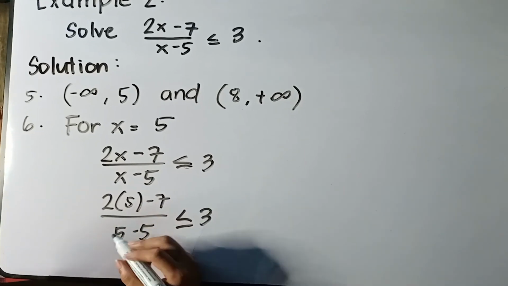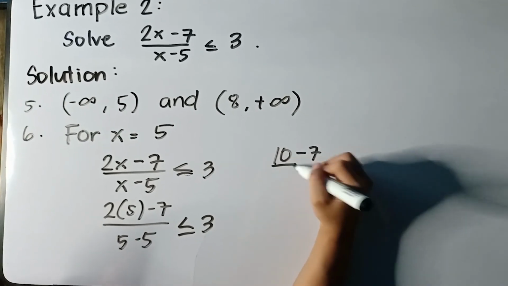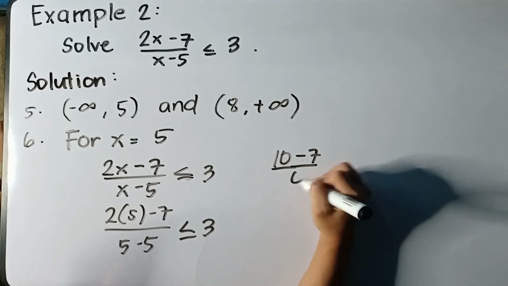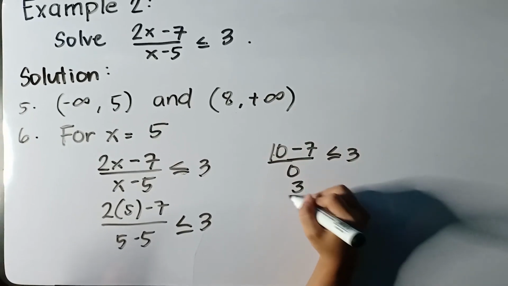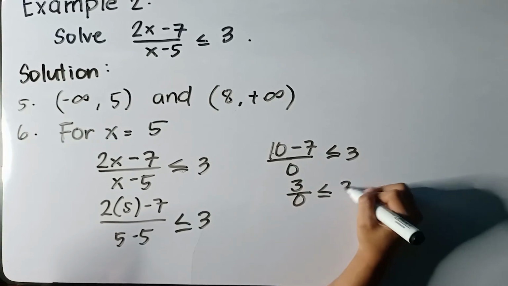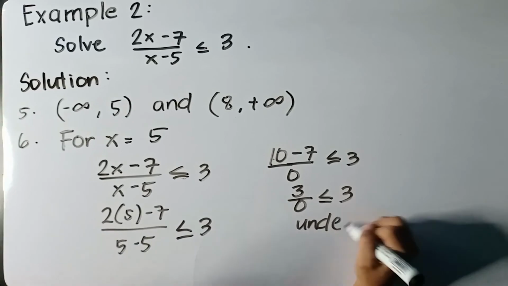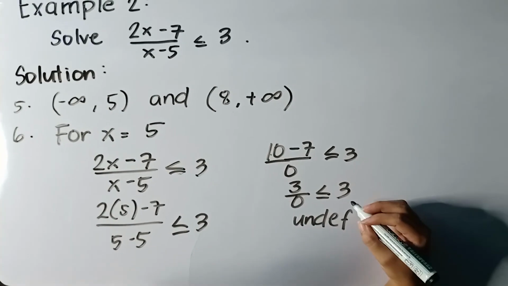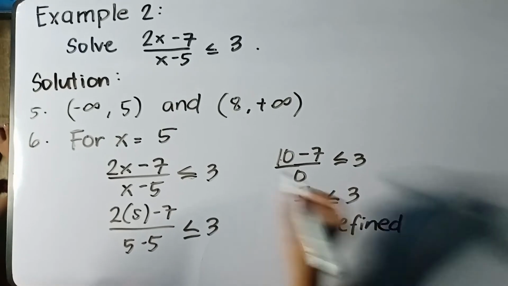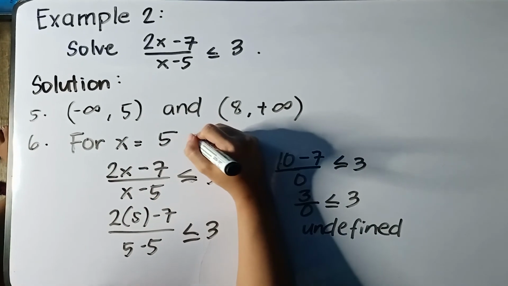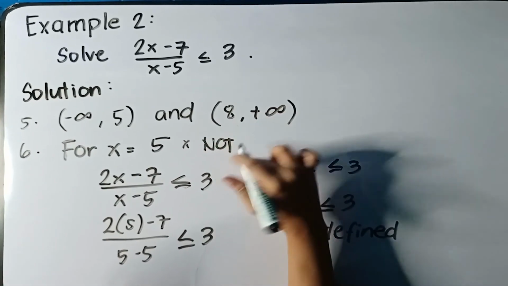So, 2 times 5, that is 10, minus 7, all over 0. So, we have 10 minus 7, 3 over 0. 3 over 0 is undefined. Meaning that x is equal to 5 is not part of our solution.